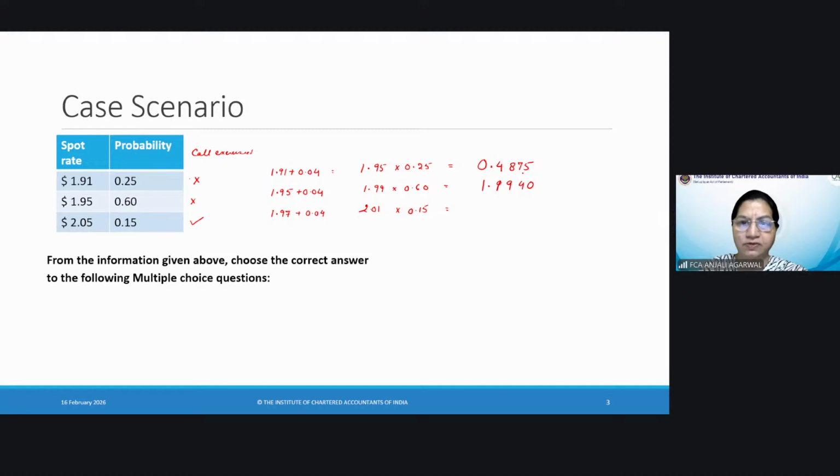And 2.01 into 0.15 is 0.3015. So when you add the three, you will get 1.1940 plus 0.3015 plus 0.4875.